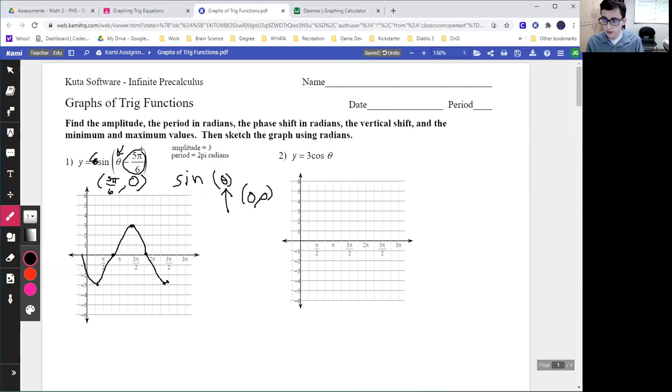And input numbers is the x-axis, and bigger means to the right. So that is the reason why when you have a minus, your numbers that you input have to be bigger. So that's why it shifts to the right in order to get the same values.